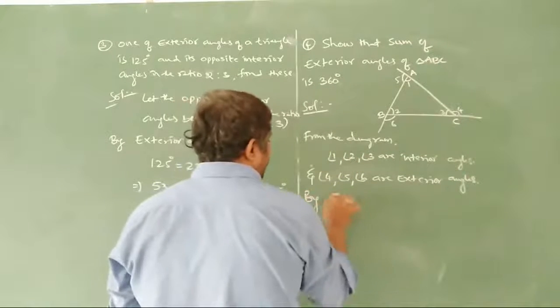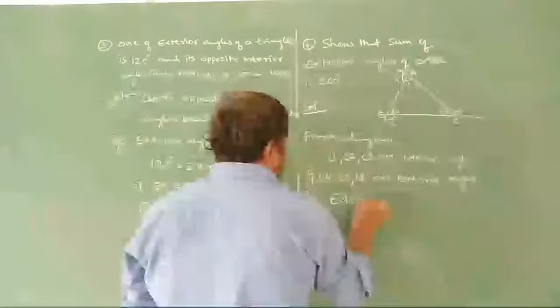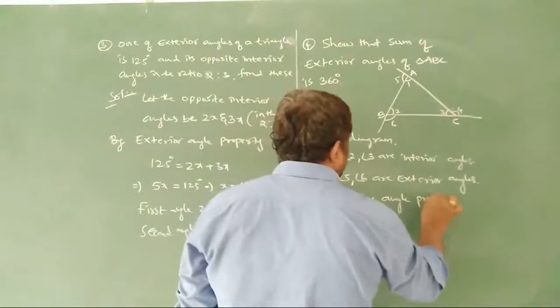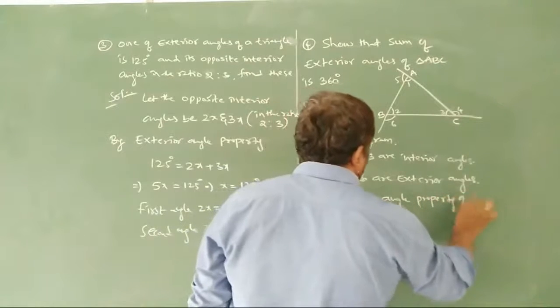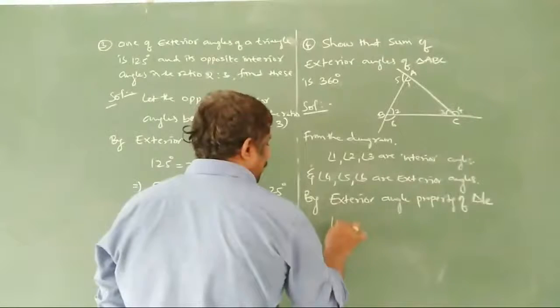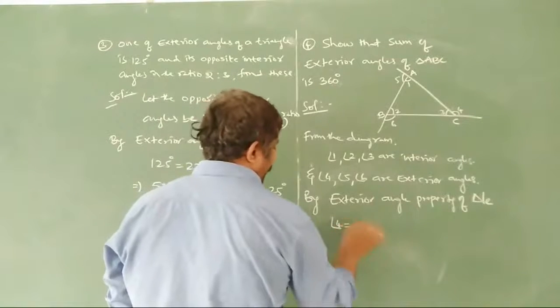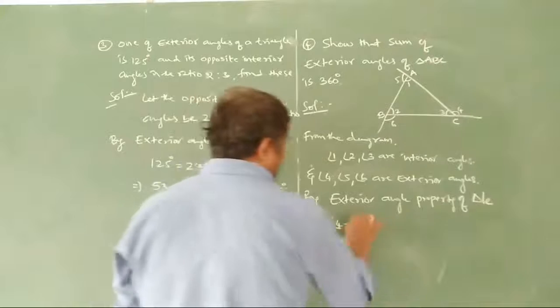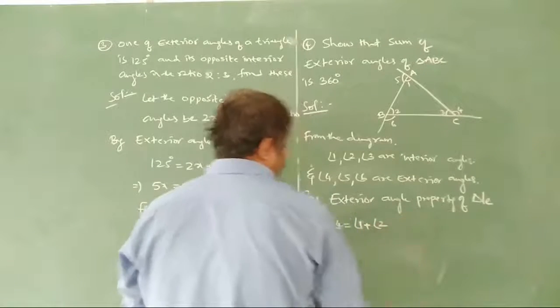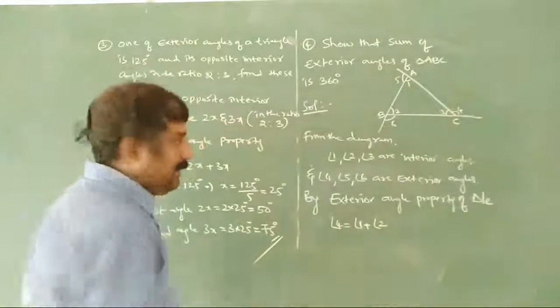By what property do we have? Exterior angle property of a triangle. What can we write? Angle 4 is equal to angle 1 plus angle 2.